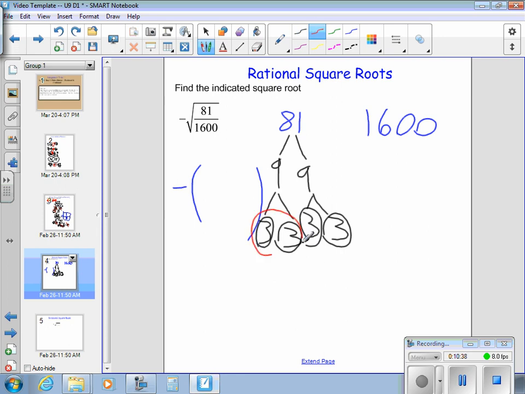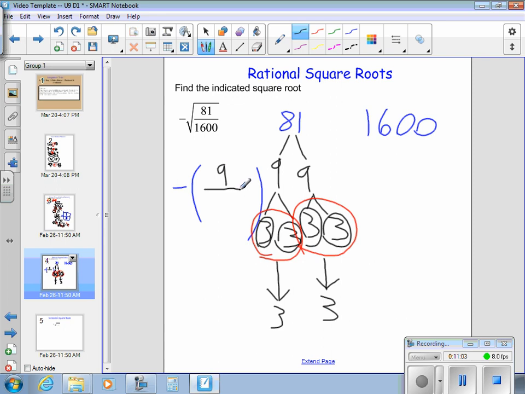I've got a set of 3's here and a set of 3's here. The square root of 3 times 3 is 3, and the square root of this 3 times 3 is also 3. So the top of my fraction, the square root of 81, would be 3 times 3, which is 9.